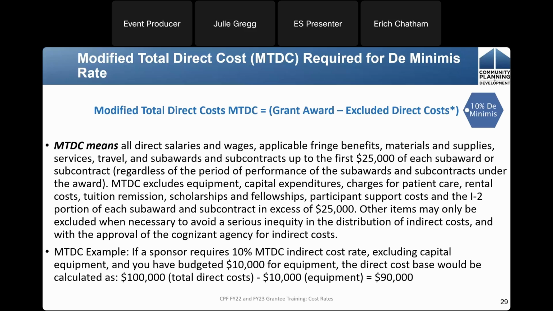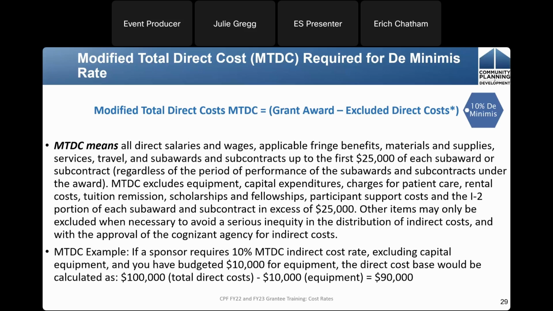So really, the two key items I want to call to your attention are that the modified total direct cost, if you're going to go with this, excludes equipment and capital expenditures, as well as anything above $25,000 for subawards. I know those will be particularly relevant for many of you.